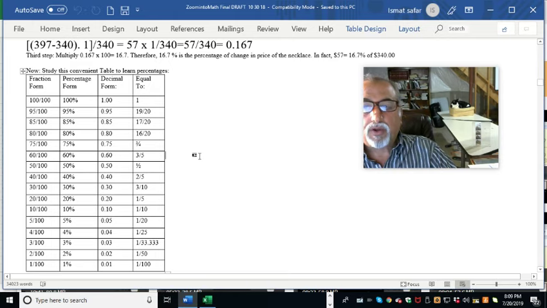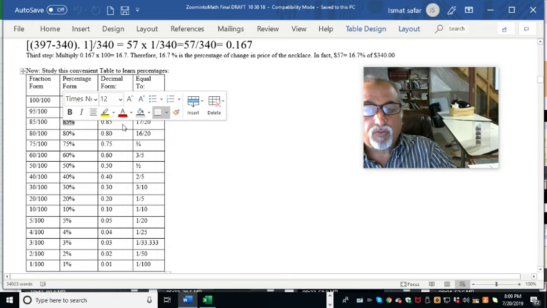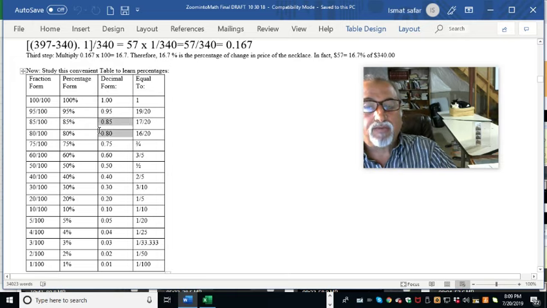Okay. Now, 85 of 100 is 85% in percentage form and 0.85 in decimal form, which is 17 over 20. So 17 actually is 85% of 20. See, that is a very, very useful table.